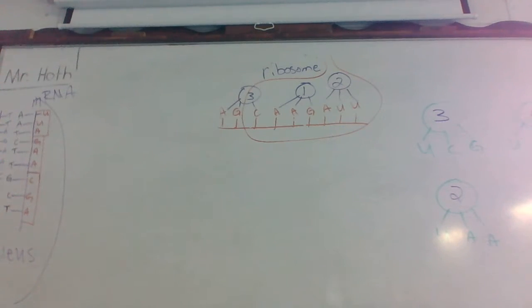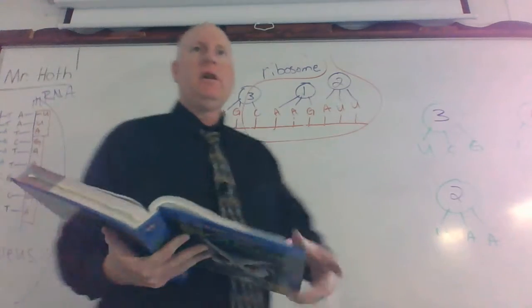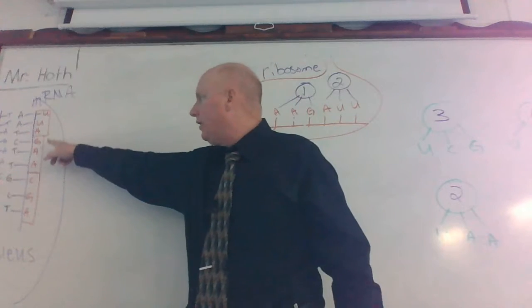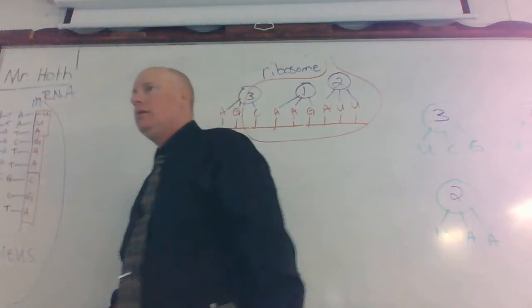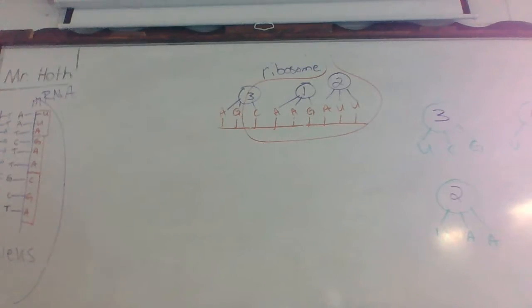Page 207. Okay, so GAA. That's this middle codon right here, GAA. Remember how we do this. You go to this left-hand column here, find the letter G. That's the first box you look for.